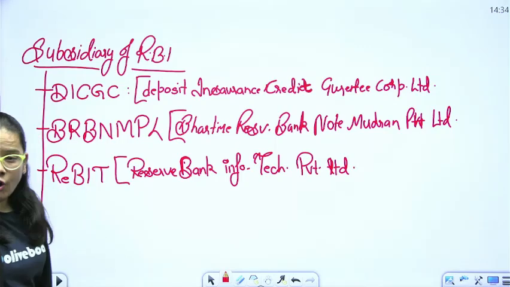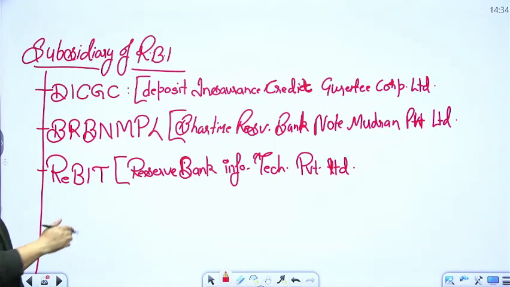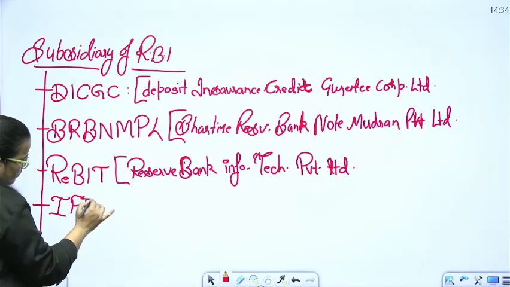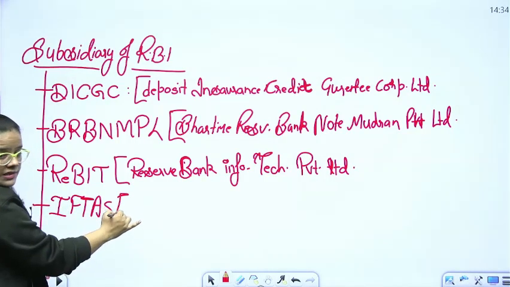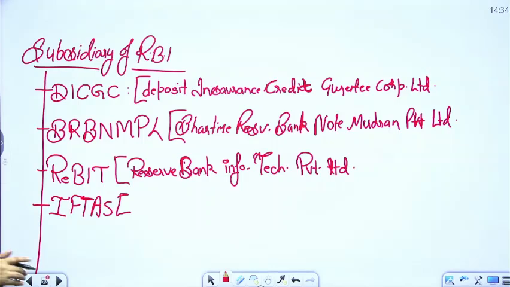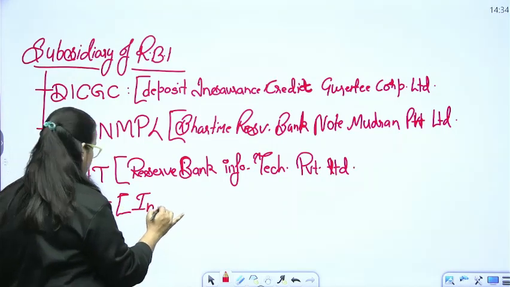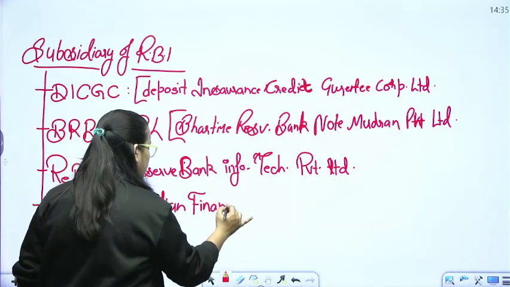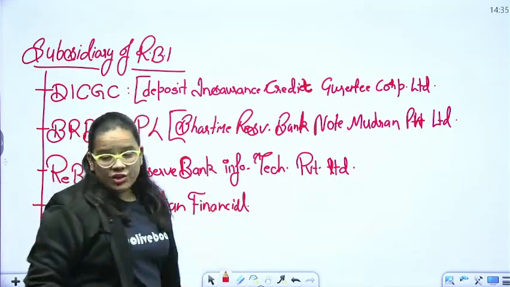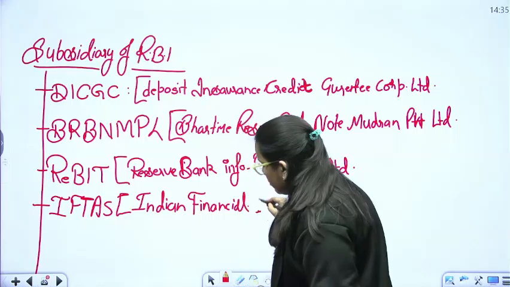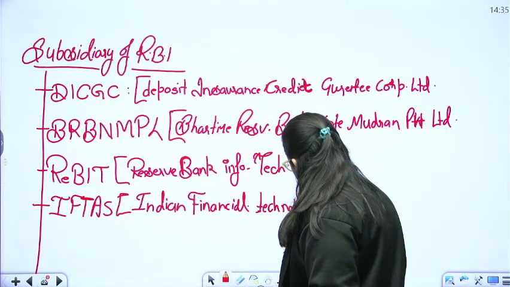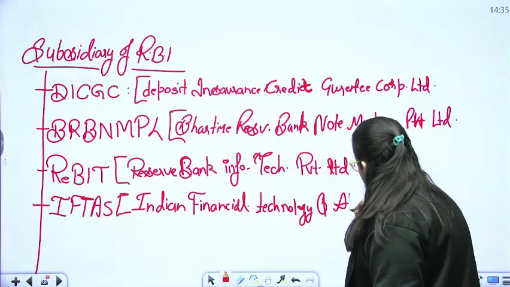The fourth subsidiary of RBI is basically IFTAS, which stands for Indian Financial Technology and Allied Services.